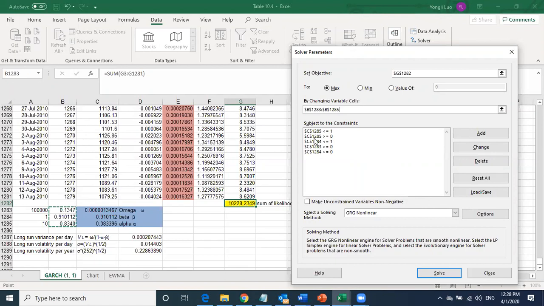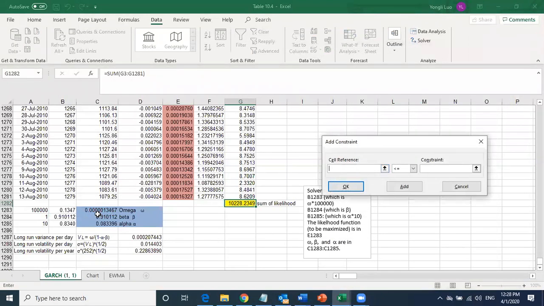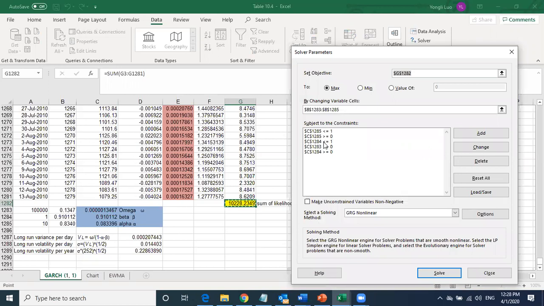To set a constraint, under Subject to the Constraints, you click Add, select the cell, choose equal or greater, enter the constraint, and add. I already added them right here. Then you click on Solver and it will change.